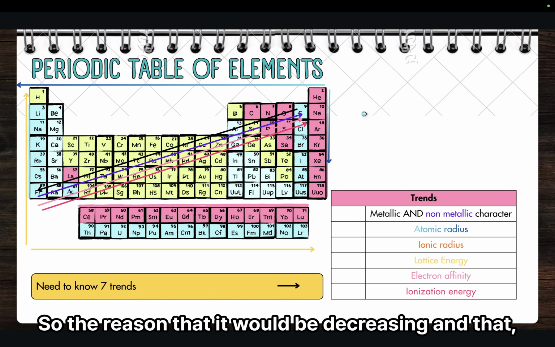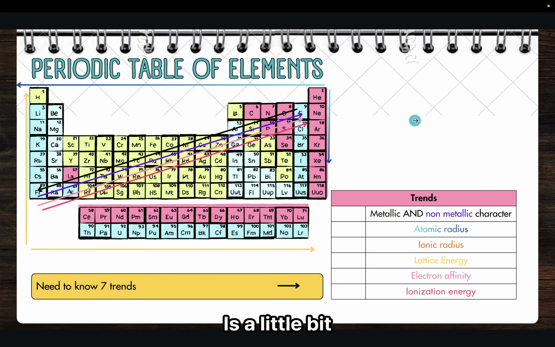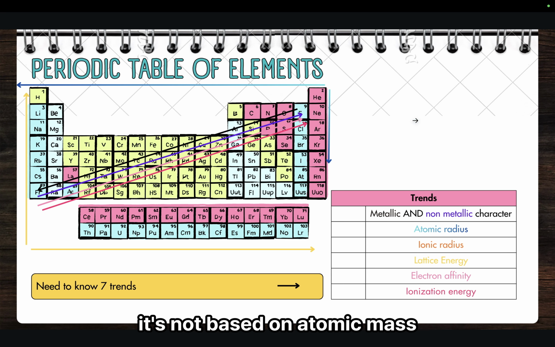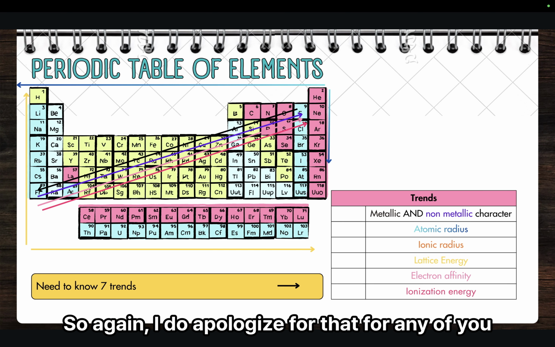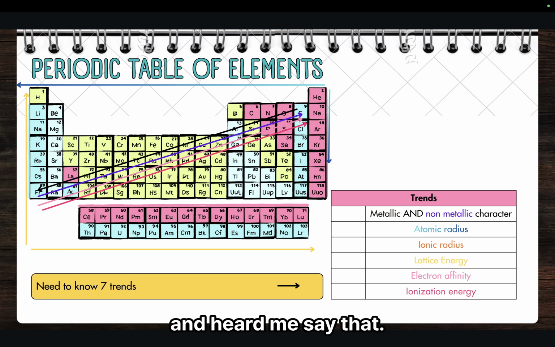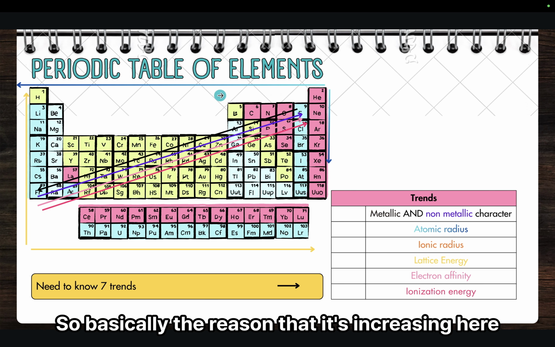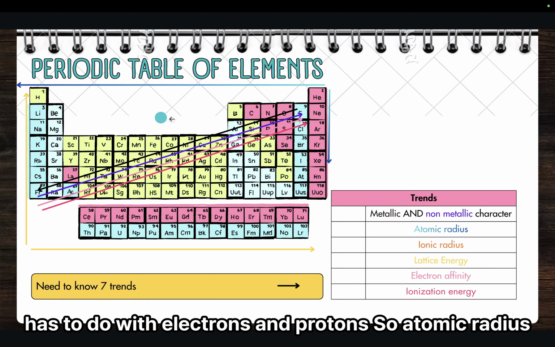So the reason that it would be decreasing and that fluorine would be the smallest is a little bit weird, because with atomic radius, it's not based on atomic mass or atomic number or anything like I said earlier, so again, I do apologize for that, for any of you that were in my tutoring session and heard me say that. So basically, the reason that it's increasing here and here has to do with electrons and protons.